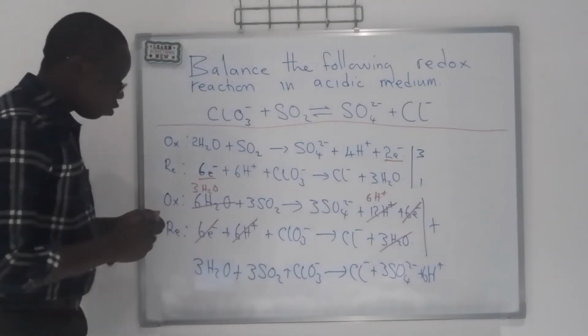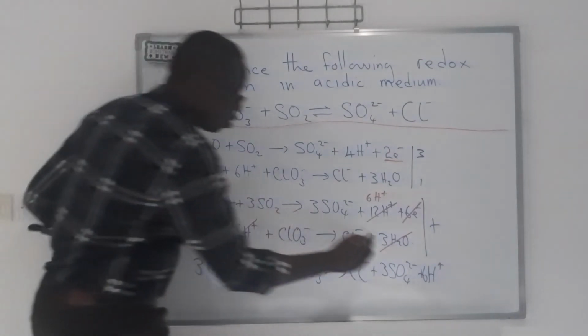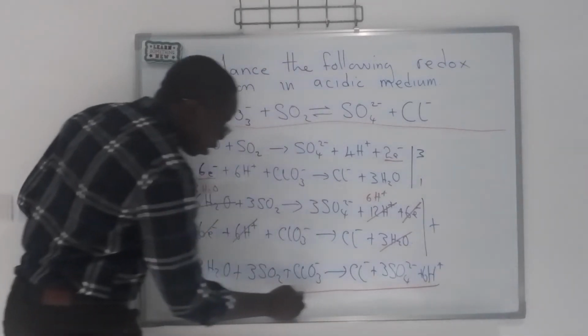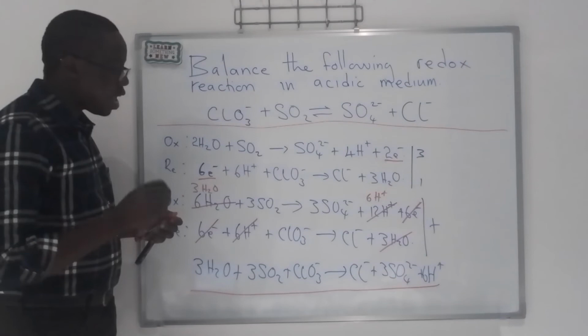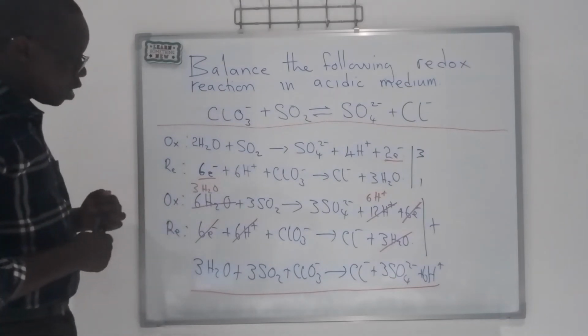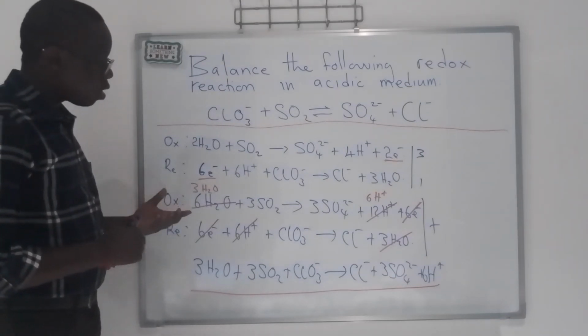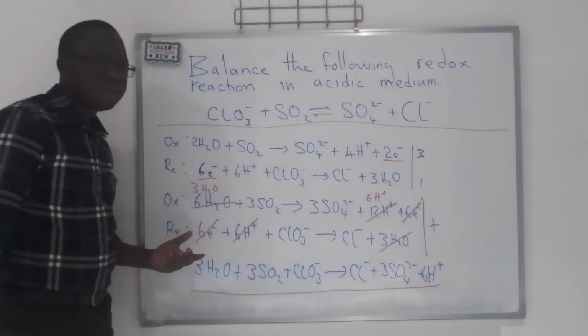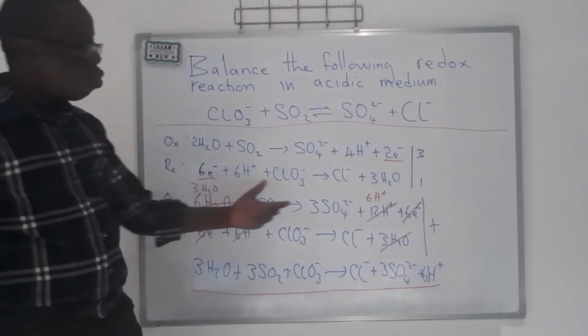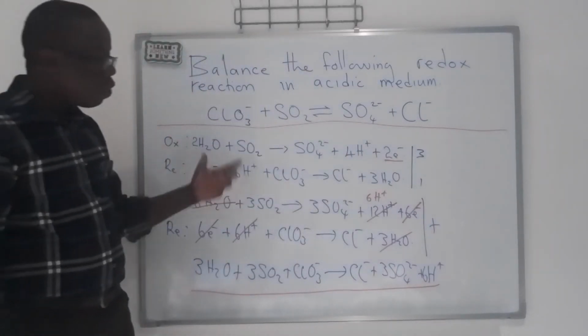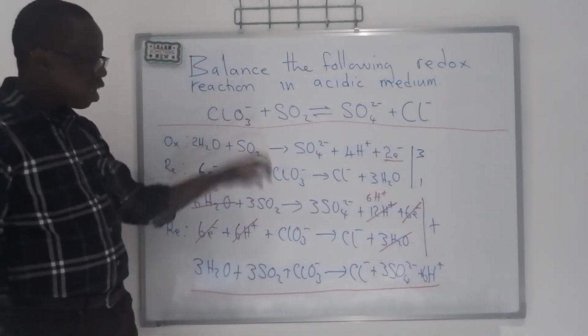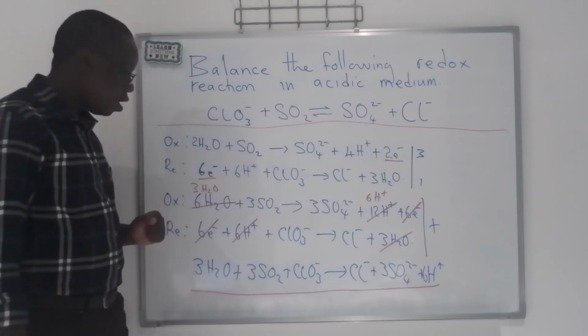Now when you look at this equation, this is the final equation that shows the balanced equation in acidic media. Now why are we saying this is the balanced equation in acidic media? This is because we now have 6 hydrogen ions, showing that this is an acidic media.